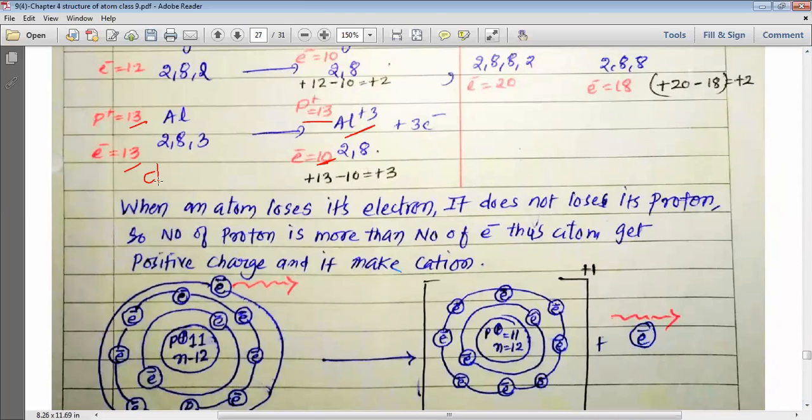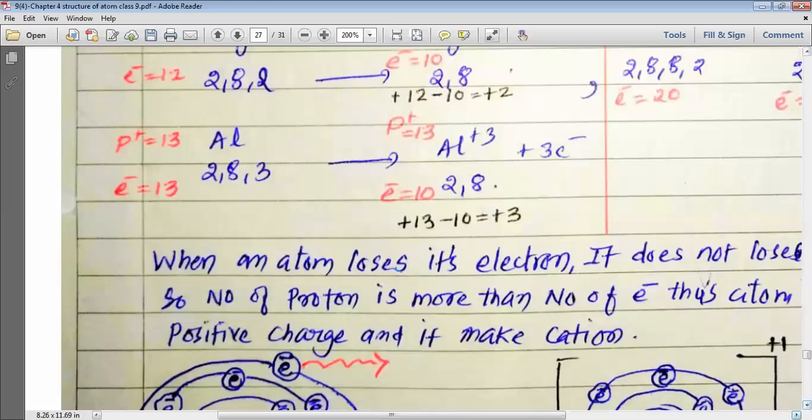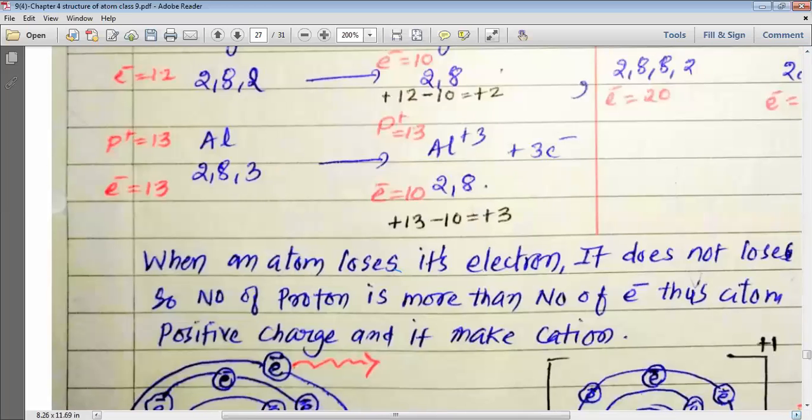We know that charge is equal to number of protons minus number of electrons, and that is why 13 minus 10 is equal to 3, and you can see that the charge on aluminium is plus 3. So this is how, my dear student, the cations are being formed. Let us understand one more example of the formation of cations so that you can understand it well.